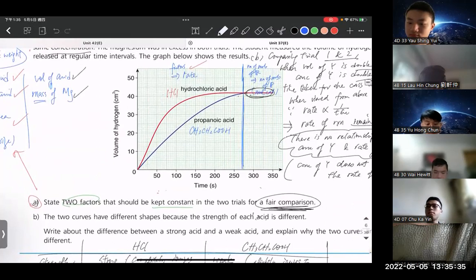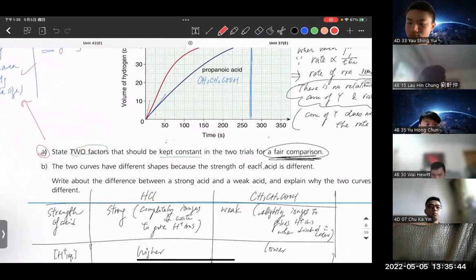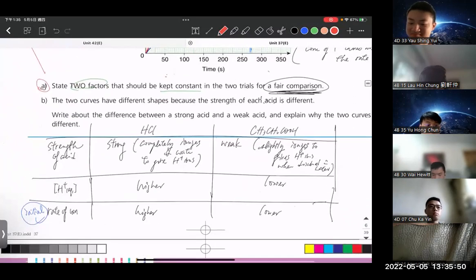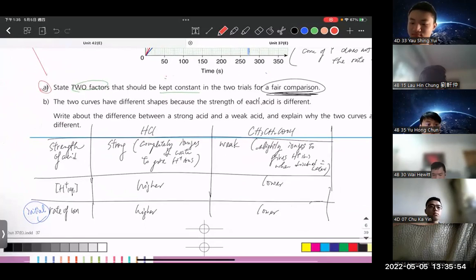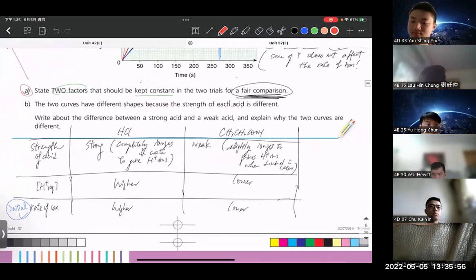So what we mentioned about the rate of reaction is mainly measured as the initial rate, by determining the slope of the tangent at time equal to 0. So what you just mentioned about rate of reaction usually refers to the initial rate. Okay, do you understand? So be careful.